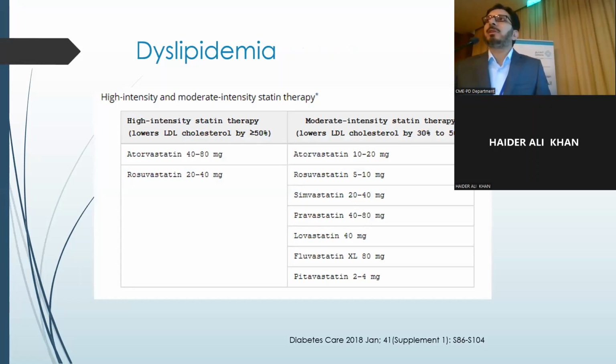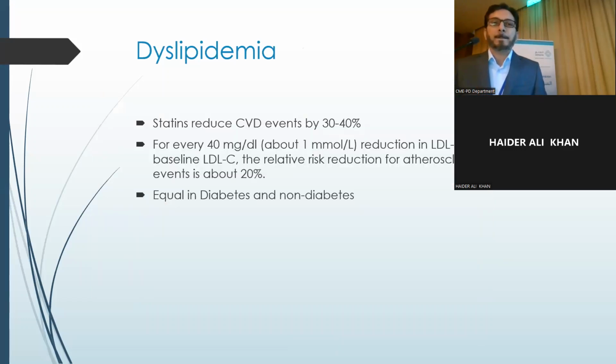The statins are divided into two groups, high intensity statins and moderate intensity statins. High intensity statins include atorvastatin at a dose of 40 to 80 and rosuvastatin at a dose of 20 to 40, and these agents at lower doses constitute the moderate intensity statin therapy.